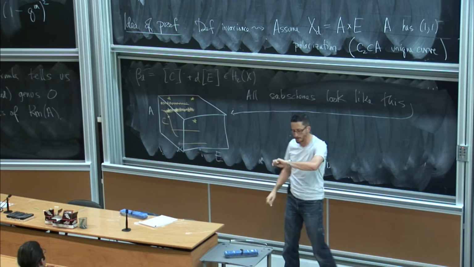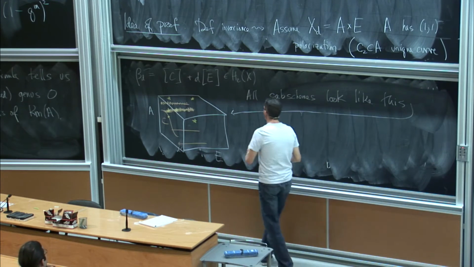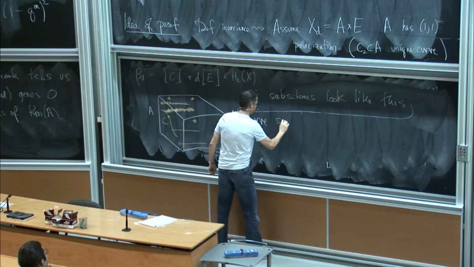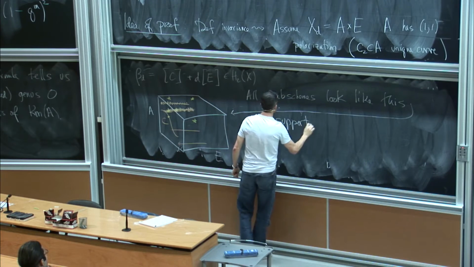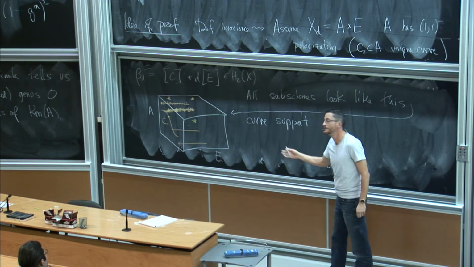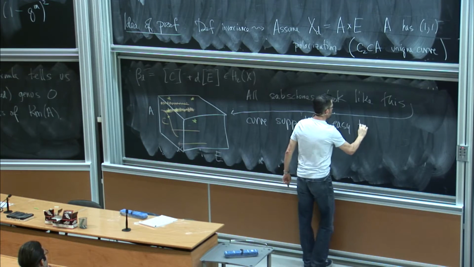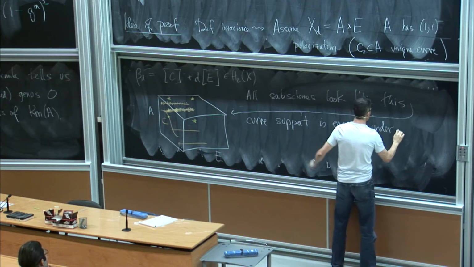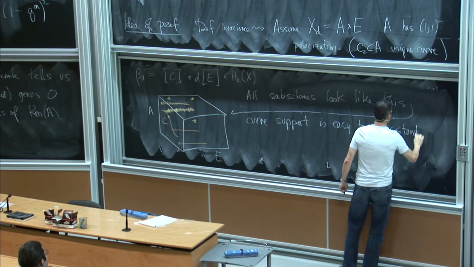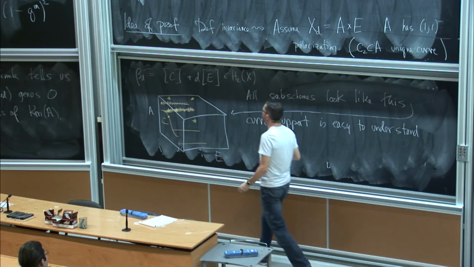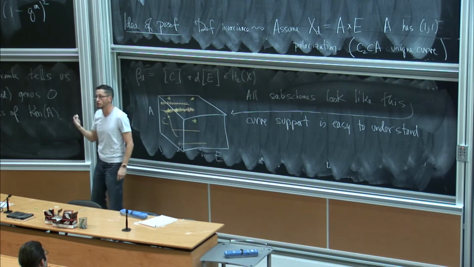What's the thought here is that the actual curve support is easy to understand in this geometry. All the complications of the Hilbert scheme come from non-reduced, from nilpotent possibilities.